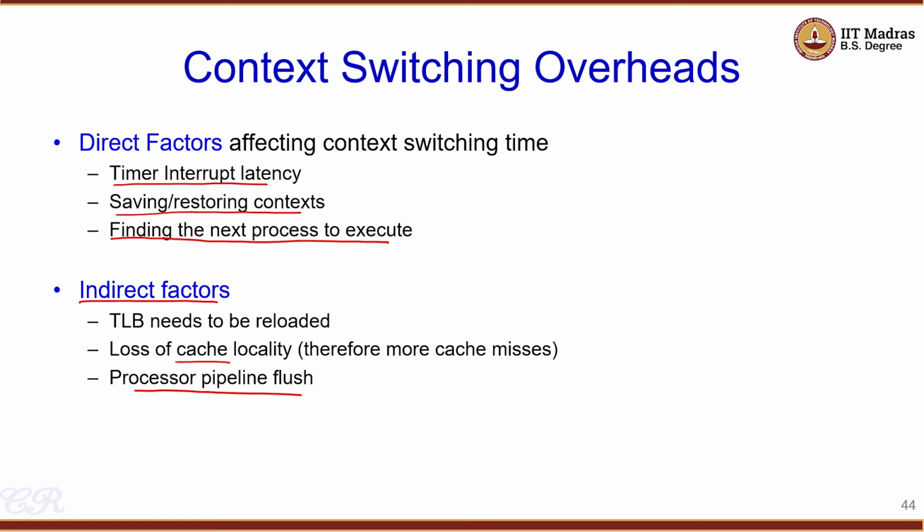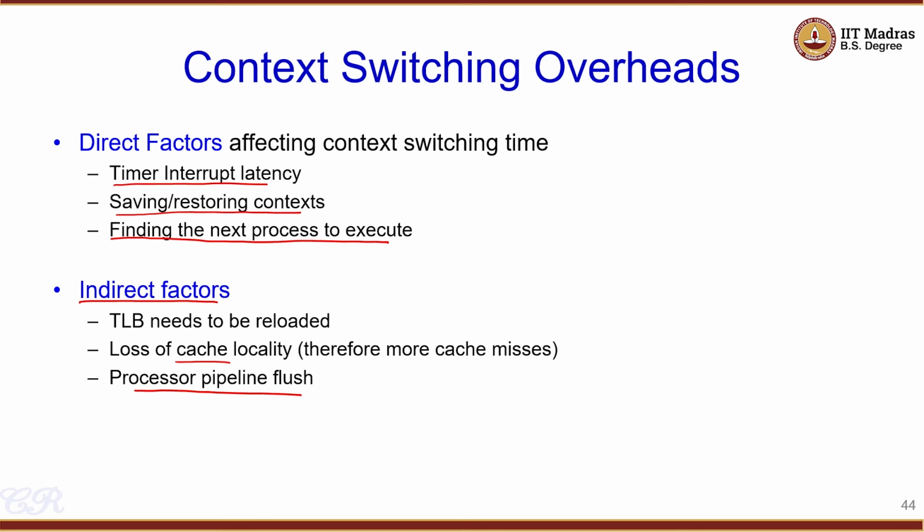That's a loss in the cache locality. So you will actually see a large number of cache misses, and therefore subsequently data should be brought into the cache from the main memory. So this could also create delays, which indirectly affects the context switching overheads.